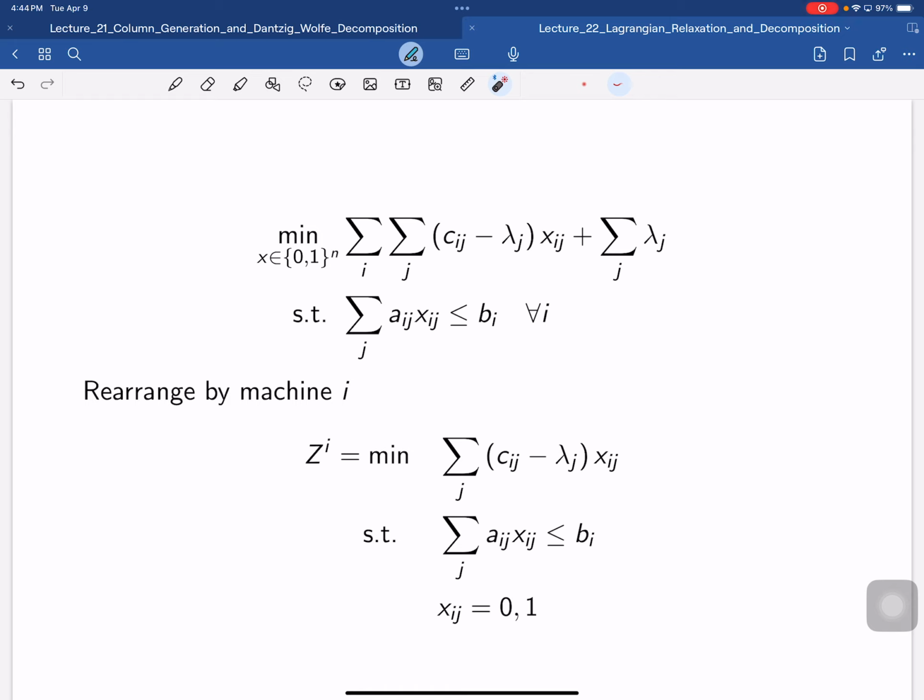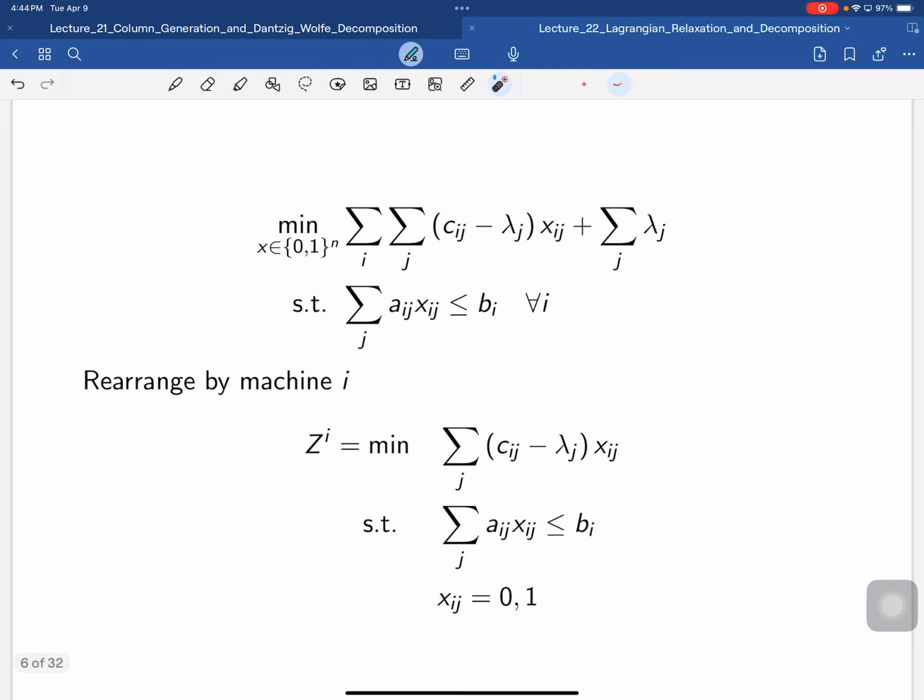As you can see in the objective, there is a summation over i, and for each summation over i term, there is a summation over j. So the problem can be easily decomposed by machine i, where you get rid of the summation over i and just keep the constraint for machine i. Each machine is like a separate knapsack problem.